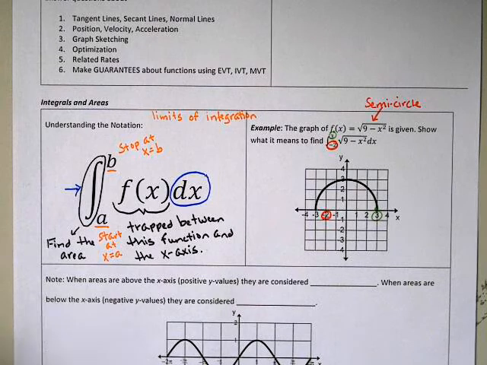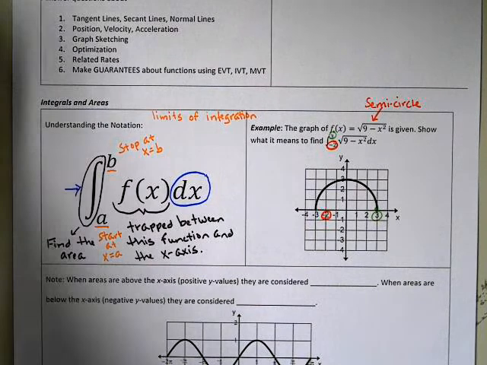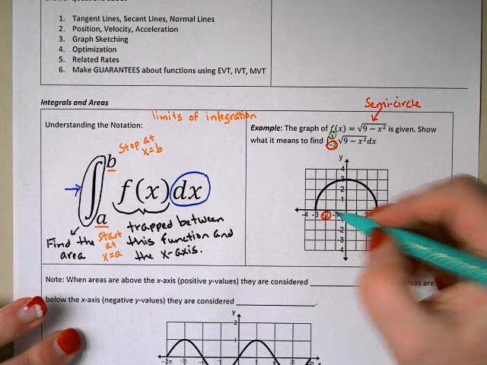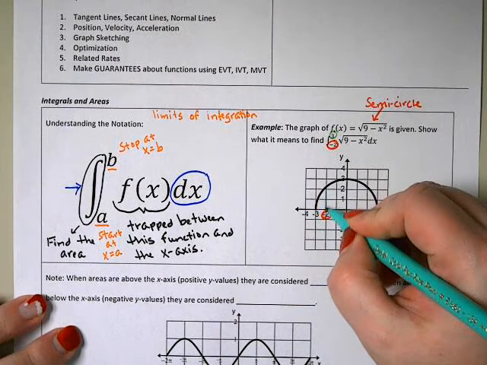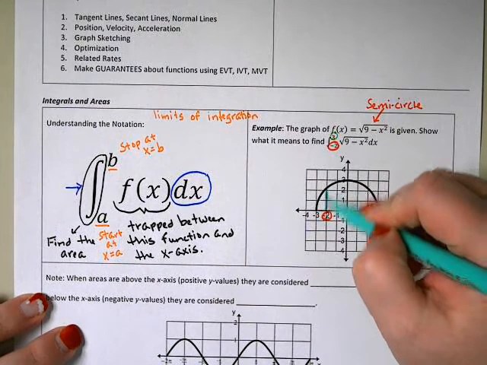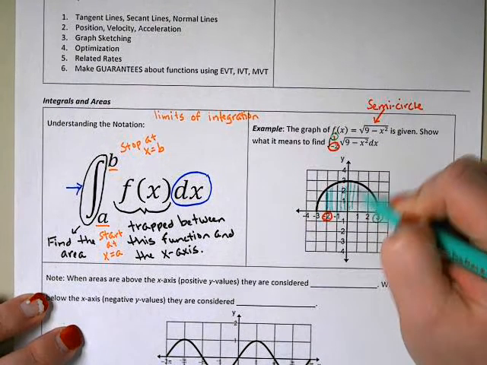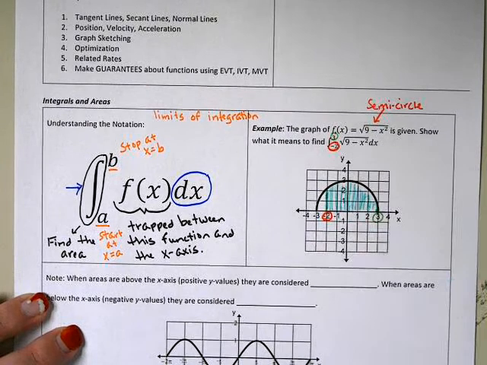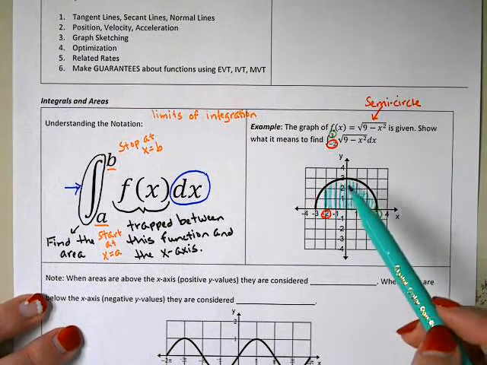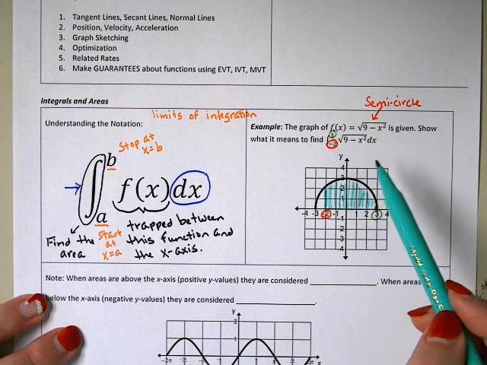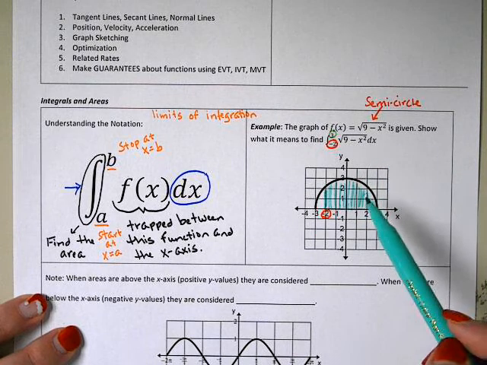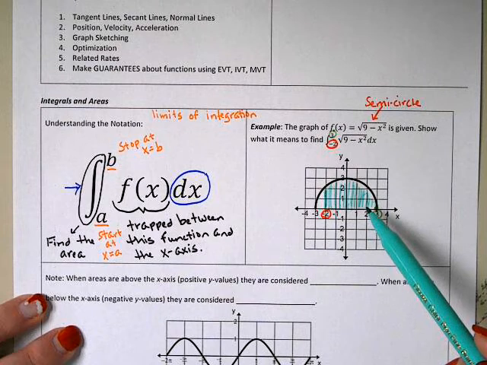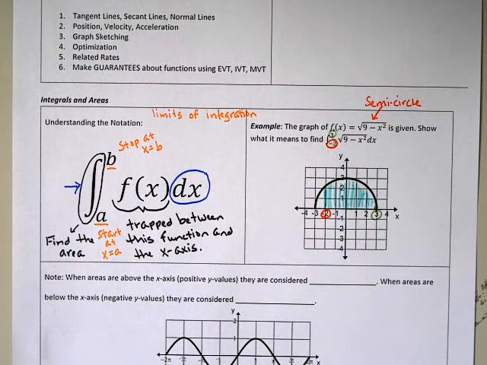So what that tells us then is the area that we're finding is trapped between that semicircle and the x-axis. So that means we're going to start here and we're going to go all the way to x equals 3. So finding the integral from -2 to 3 of this function means that we're finding the area of this blue shaded region right here. Okay?